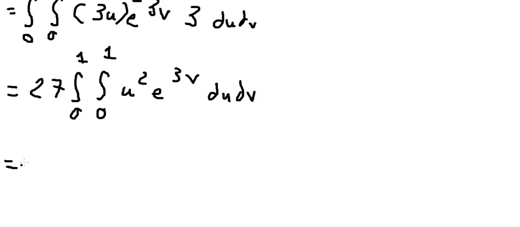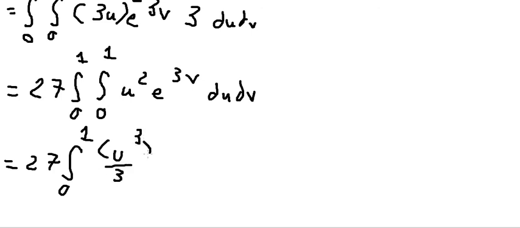Now, the integration of u squared, you got u to the power of 3 over 3, and we put the bounds from 0 to number 1, and we have e to the power of 3v dv.